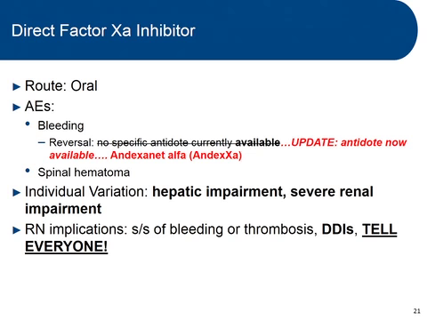Individual variation: this drug's clearance can be reduced for patients with hepatic impairment and severe renal impairment. And also it should be avoided in pregnant patients. Some nursing implications, so signs and symptoms of bleeding or thrombosis. Just like every single anticoagulant we've talked about, you should be educating your patients on signs and symptoms of bleeding or thrombosis.